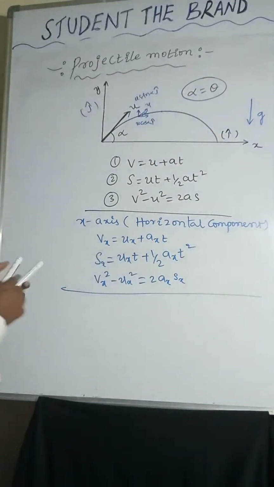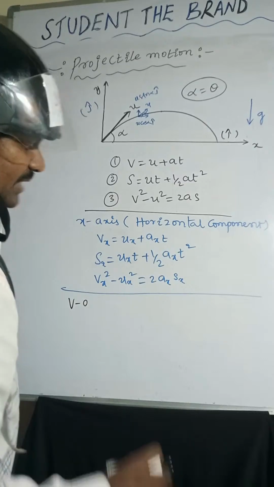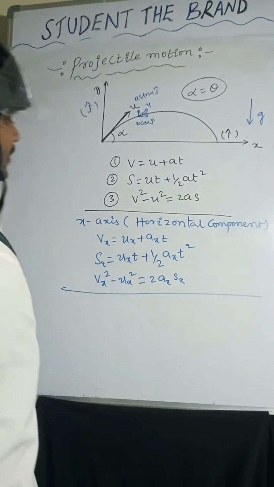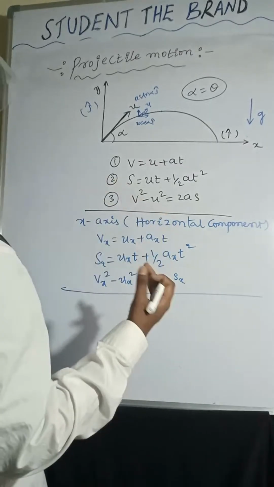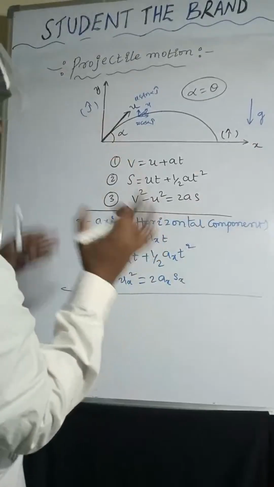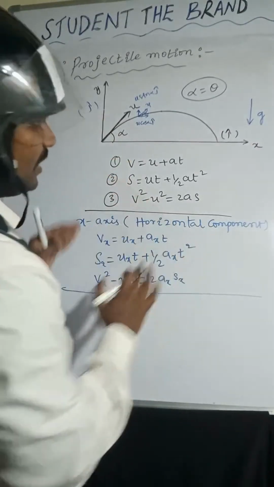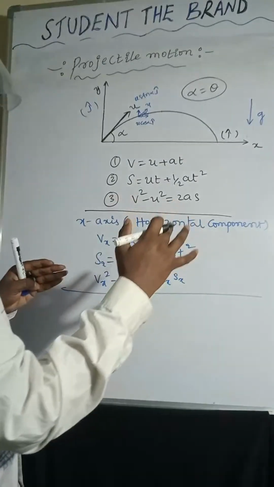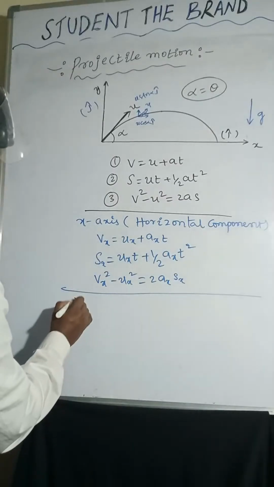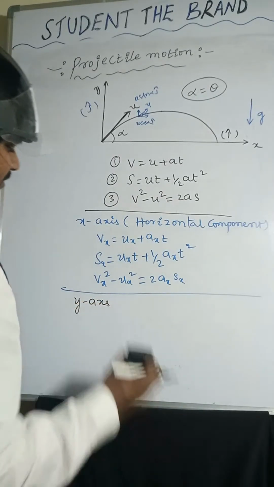Now coming to the vertical component along y-axis. These are very simple. While taking the formulas along x-axis and y-axis, if you are taking the horizontal component, think only about the horizontal component. Coming to y-axis, that is the vertical component.